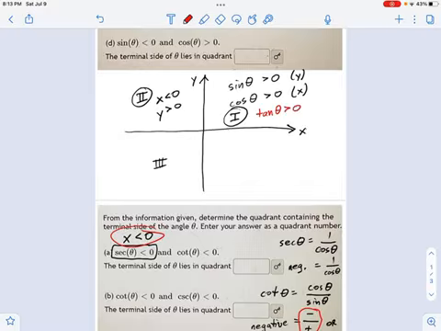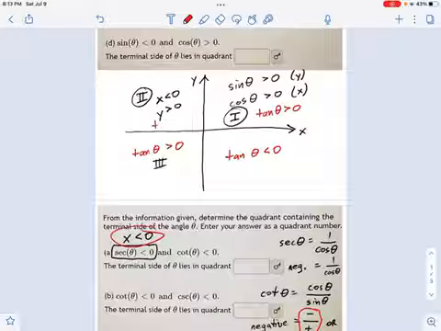tangent theta is greater than 0 in quadrant 1 and quadrant 3. That's where the signs of x and y are the same, either both positive or both negative. And that makes the tangent, which is the ratio of those two, a positive number. Whereas if y and x have different signs, that will make tangent negative, which happens in quadrants 2 and 4.